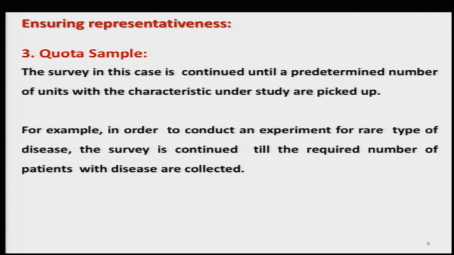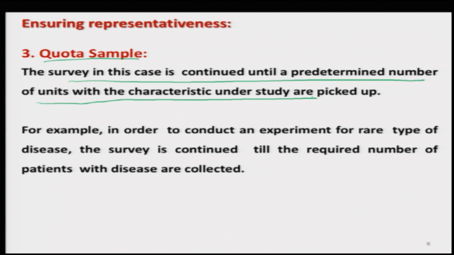The third thing is quota sampling. Quota sampling is used in those types of surveys where it is hard to find people who have the characteristic. In this case the survey is started and continues until a predetermined number of sampling units having the characteristic are picked up.